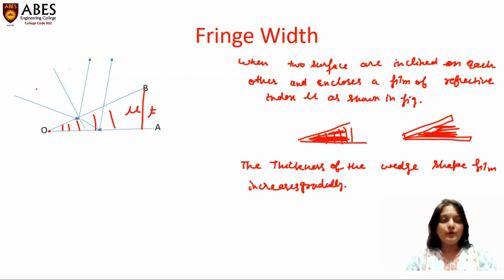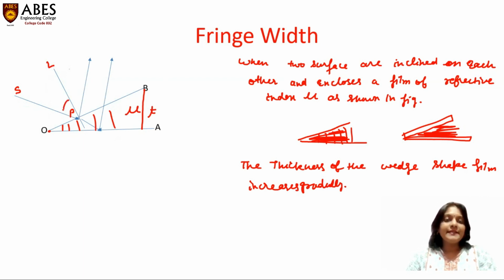So we will incident some light on the first surface. Suppose the light is SP. This is the normal PL.